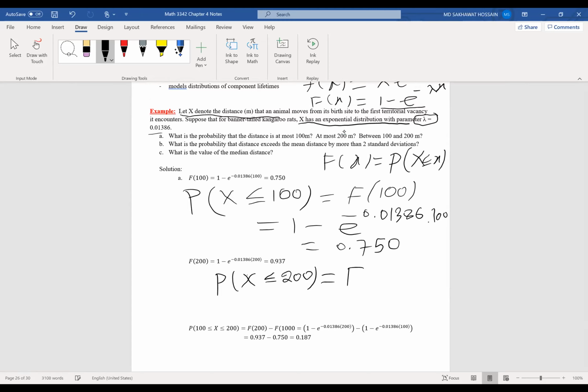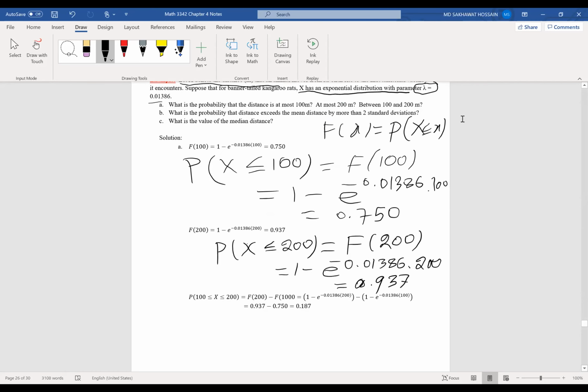You can also use the CDF function for this one, so F(200). Plug in minus 0.01386 times 200. If you simplify this, it will be 0.937. So this is the probability that the distance is at most 200 meters.